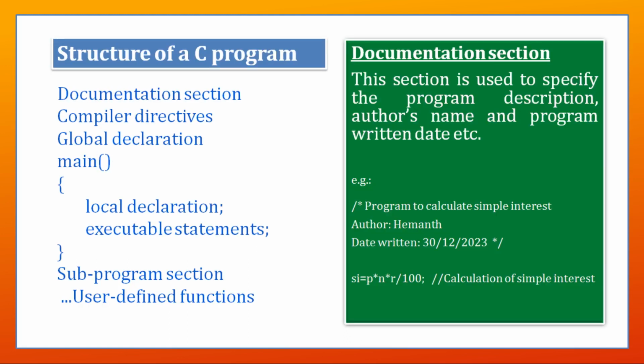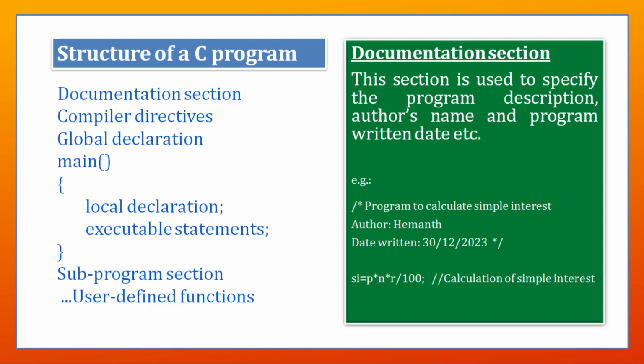Structure of a C program. Documentation section. This section is used to specify the program description, author's name, program written date, etc. These details are specified in the form of comments that will be ignored by the compiler.